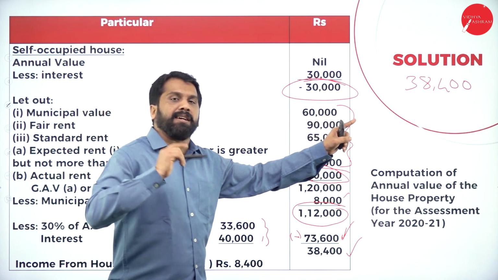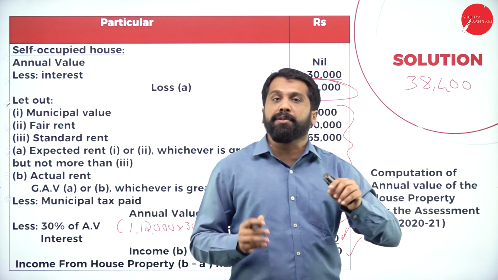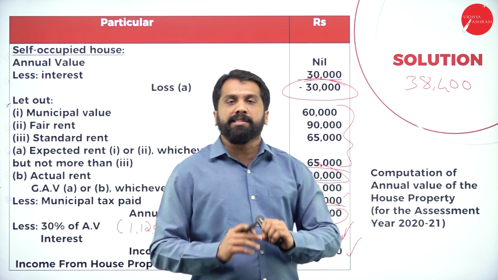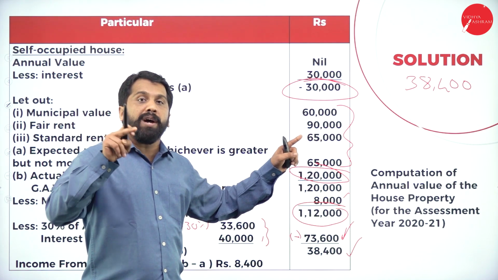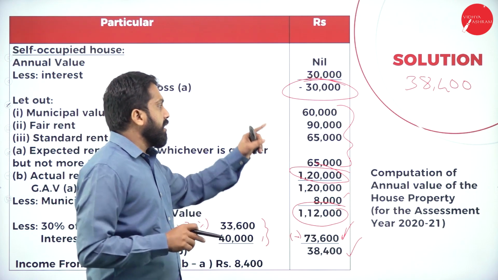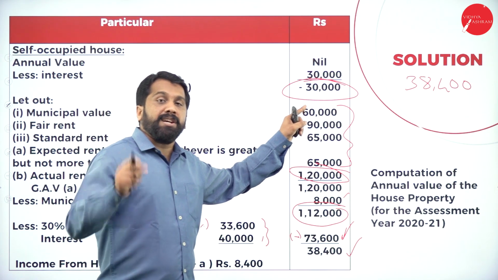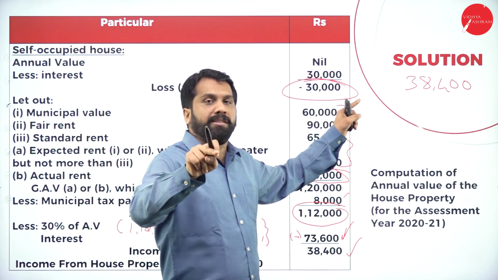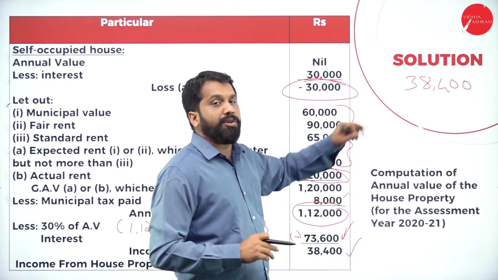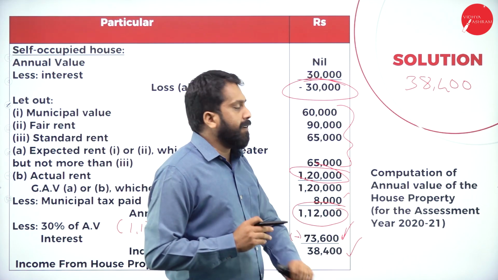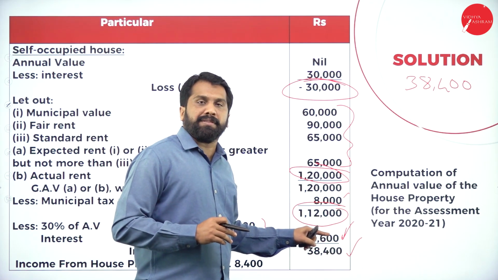But the income tax department has given you an option. You are not supposed to pay tax on 38,400. Why? Because you have incurred a loss in self-occupied property. That loss you can set off. You have incurred a profit of 38,400.